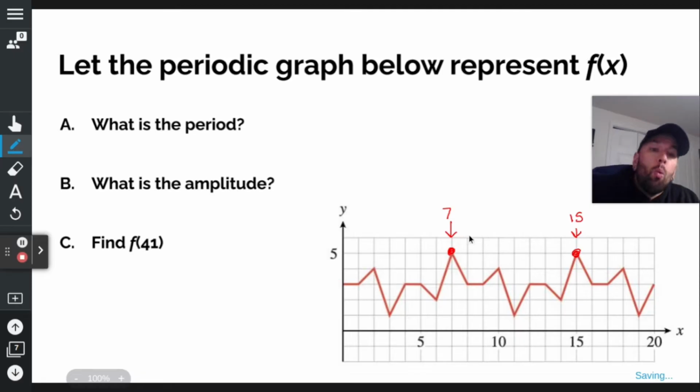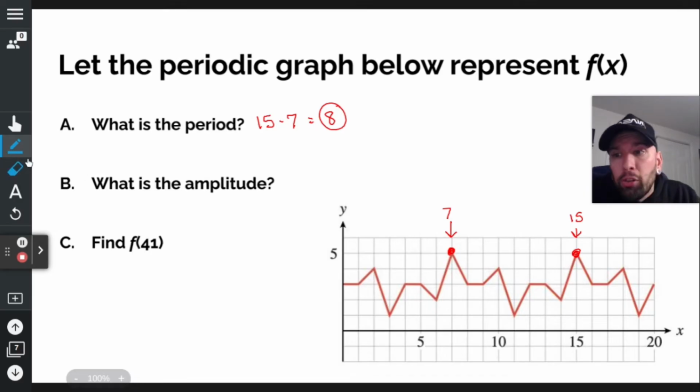So if you're wondering what is the period, you do 15 minus 7, which is 8. That's the period, how long it takes to complete a cycle. What is the amplitude?